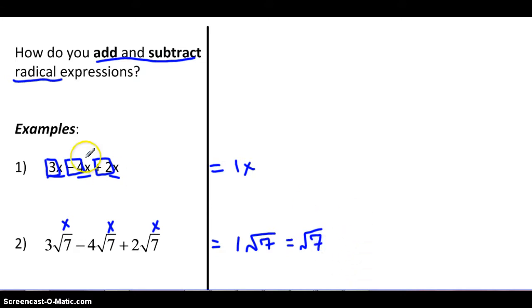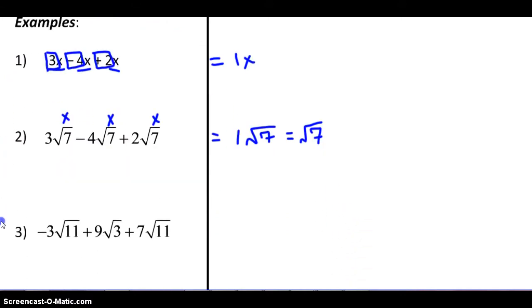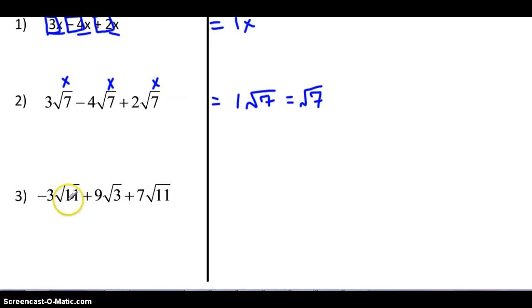Let's try a couple more. If you notice, the square root of 11 this time is constant. Well, here it is, and here it is. Here in the middle, we have a square root of 3. This is an unlike term, right? We can only add like terms. So I can take the negative 3 square root of 11 and add it to the 7 square root of 11, but the 9 square root of 3, because it's not a like term, it would be as if I said the square root of 11 is an x, so there's another x, but the square root of 3 is something different, so think of it almost like a y.